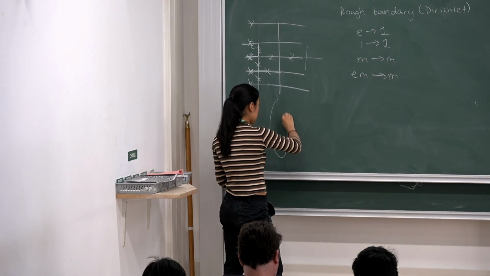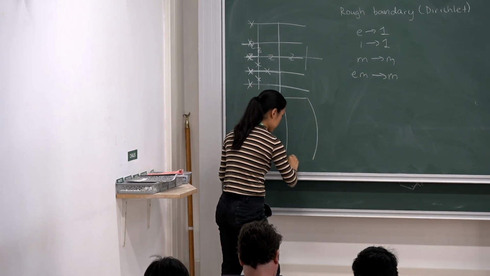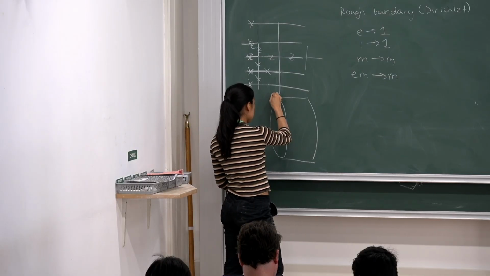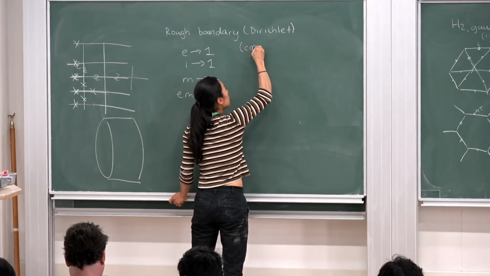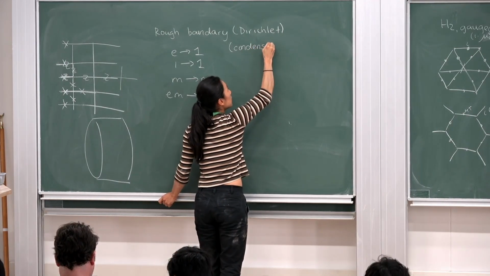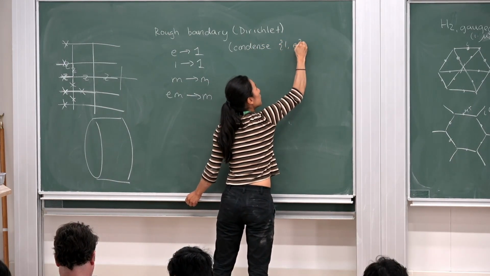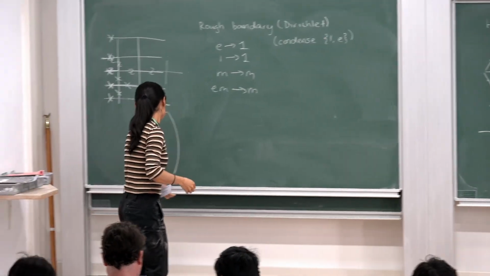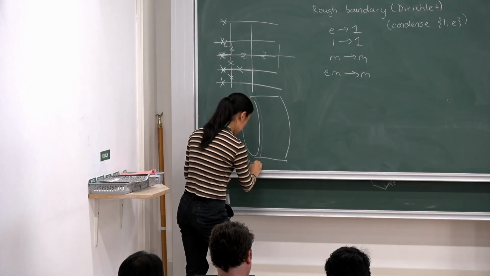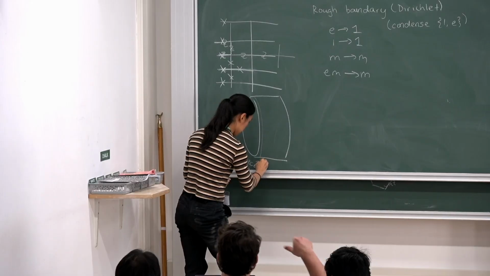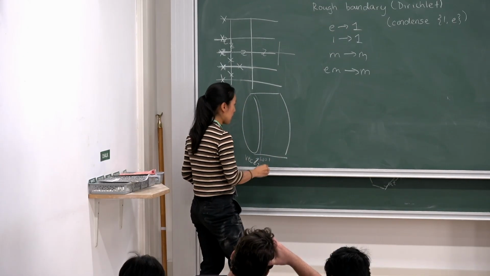And then we can consider our system with two boundaries. So this boundary is rough, and it realizes Vec Z2 with trivial 3 cocycle.